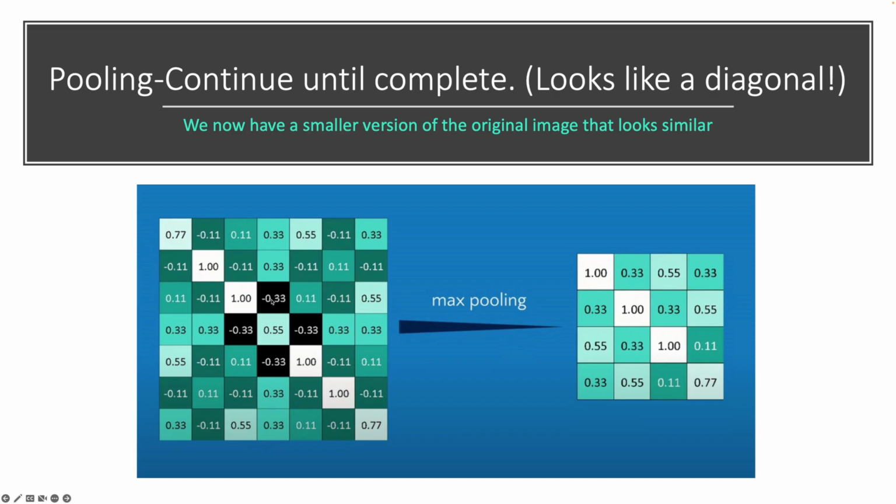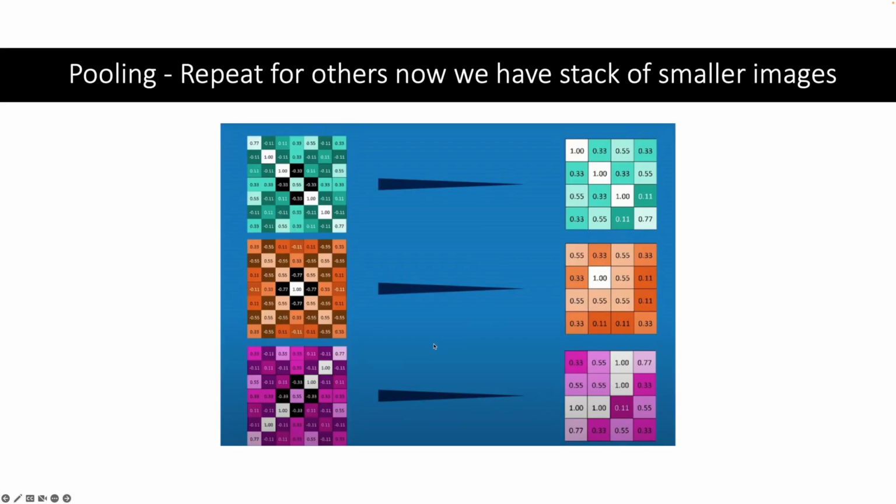This very strong negative kind of averages out with these, and we see here that it's filtered out, and we just have 0.33s, 0.55s, and so forth. Okay, 0.11 was in there too. Okay, so if we would max pool all of these, we turn this 7 by 7 image down to a 4 by 4.